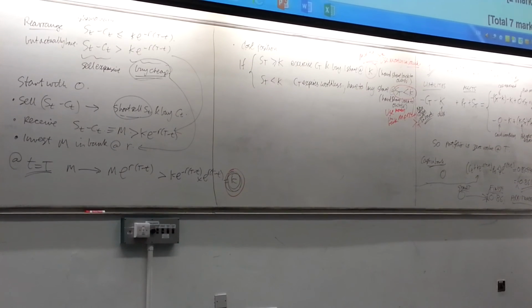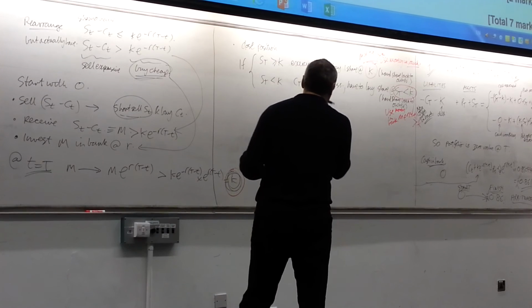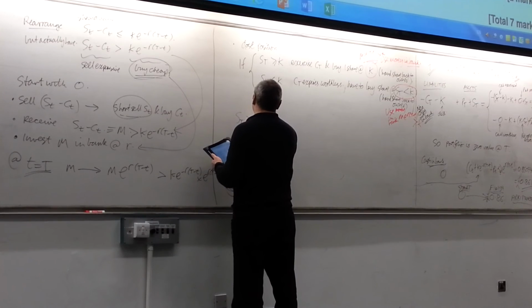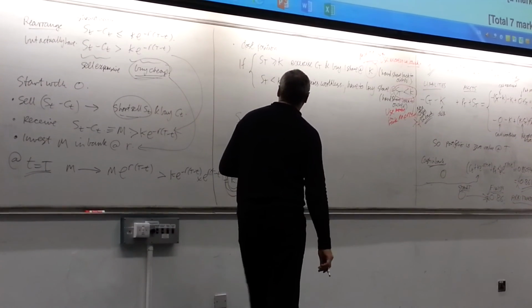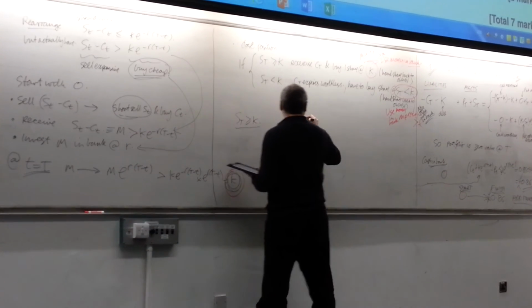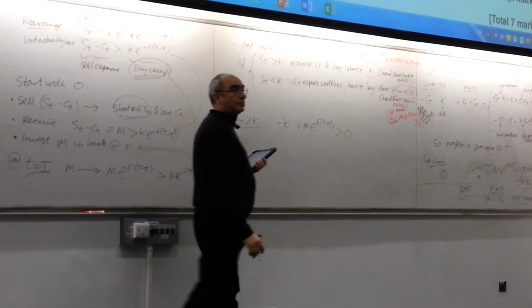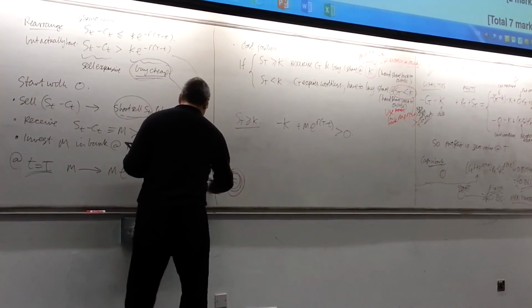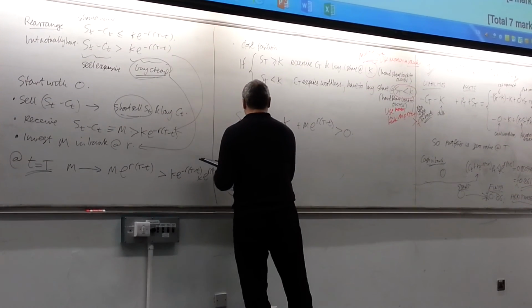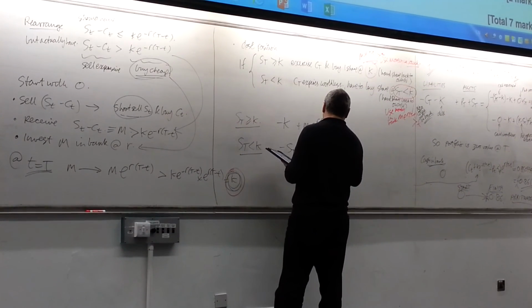But actually, if you look, what have I got? I've got more money than I need, because if S_T is greater than or equal to K, what have I got to pay out? I've got to pay out K, but I've got M e to the R (T minus t), which is greater than K, so my net is greater than 0. If S_T is less than K, I have to pay S_T, so I have minus S_T plus M e to the R (T minus t).